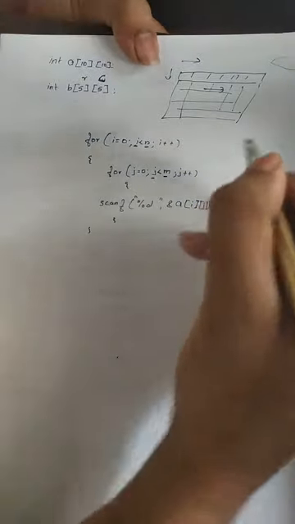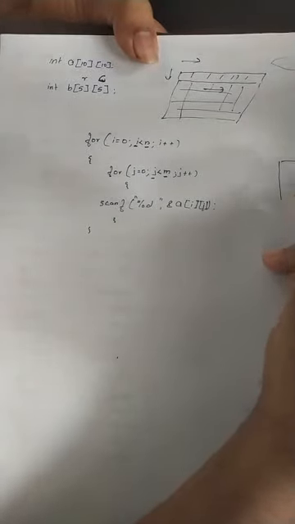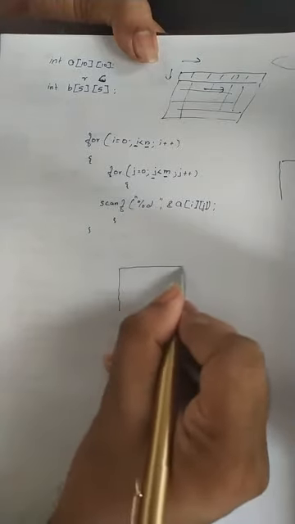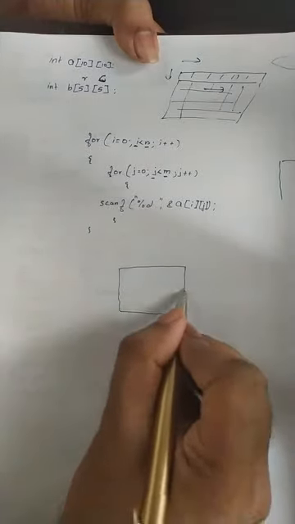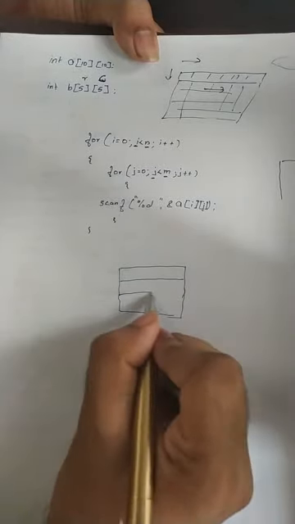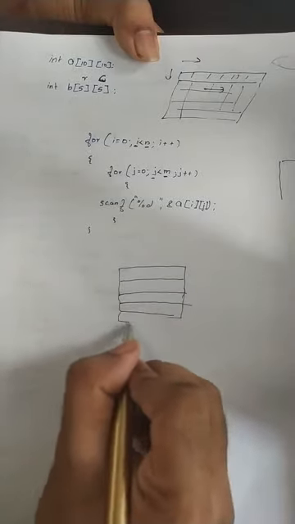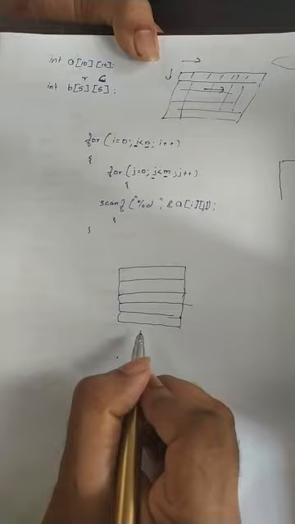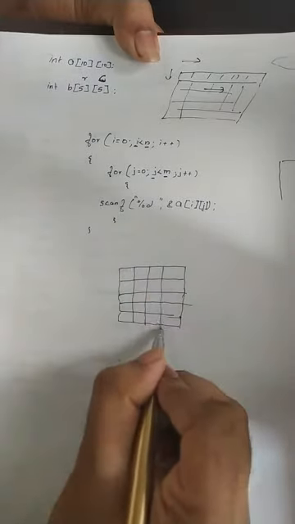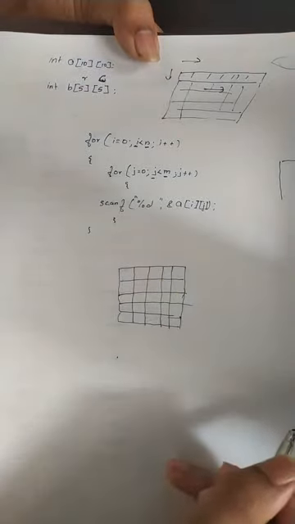Initially, when I am defining an array, a matrix, say a 3 by 3 matrix or a 5 by 5 matrix, it has 5 rows and 5 columns.